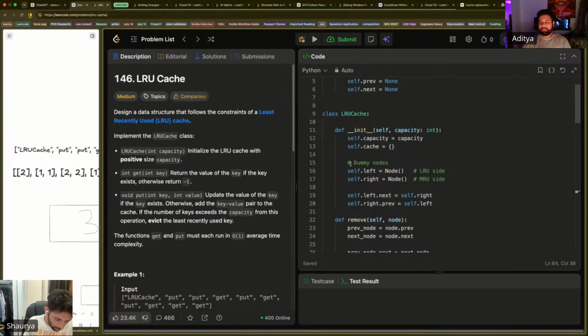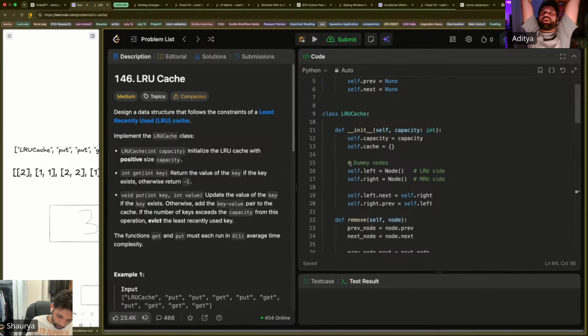Oh wait, let me see. Sliding window, I did. Binary search: take a big problem and cut it in half. Then I did BFS, flood fill. Yeah, bro, I have not done linked list. You have to understand linked list in your own time, or with ChatGPT. Backtracking.